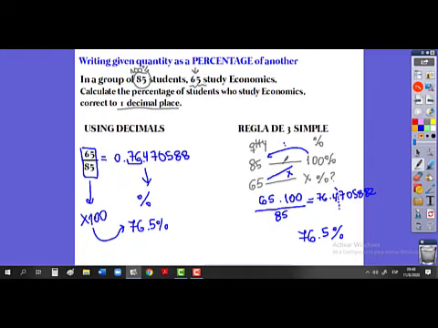Not every way is correct, but every correct way that you find is fine. I will not ask you to solve it in a certain way. I will not make you use regla simple and I will not make you use another method. So if you want to always use regla simple, you can do it, but I will teach you all of the different methods because sometimes some methods are more convenient for a certain type of problems than other methods.